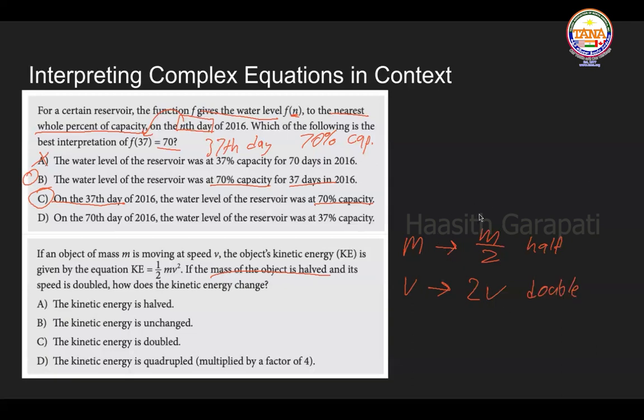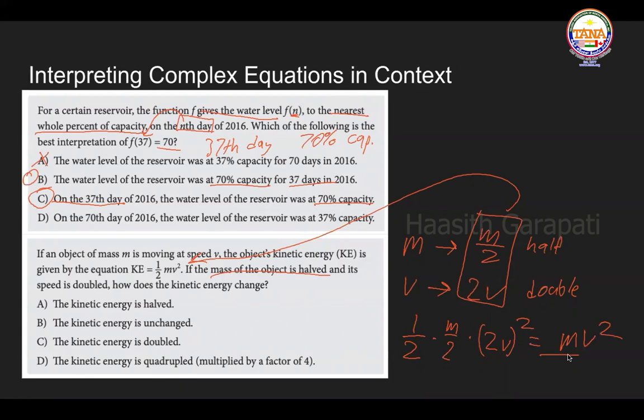Now, guess what? We simply take these values and we replace them into the equation where we get 1/2 times m over 2 times (2v) squared. And guess what? If you simplify everything out, it comes out to mv squared.